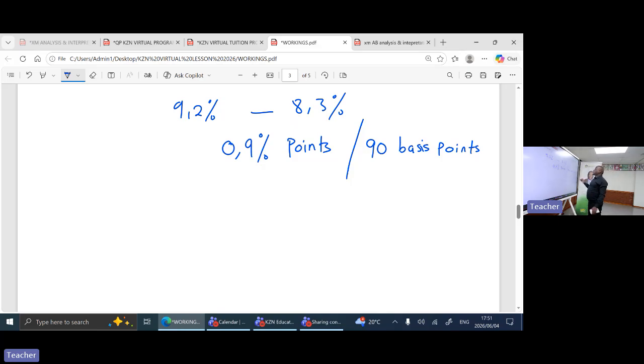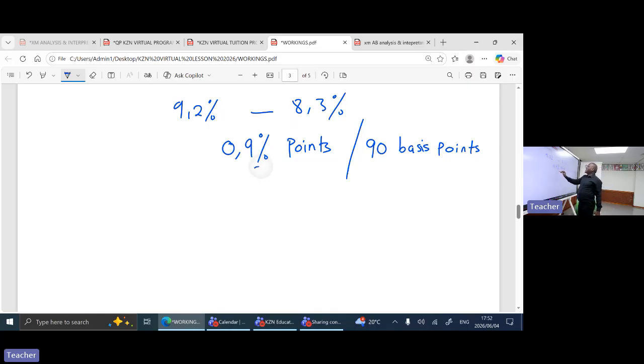What is a basis point? Why am I mentioning this? It's the first time maybe you are hearing about it. But in the March paper, you will remember we were required to mention this. If you did not mention that, you were getting your answers wrong. The difference is 0.9 percentage points, not just 0.9%.